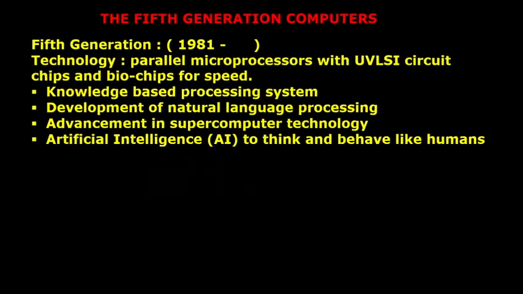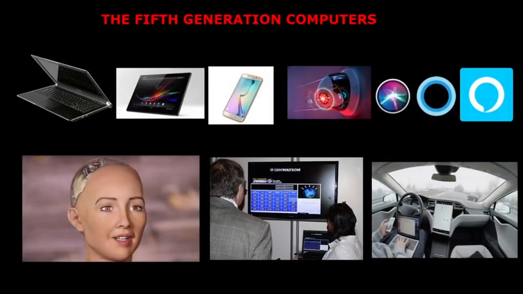Some of the devices of the fifth generation are laptops, tablets, smartphones, surveillance cameras, social robots like Sophia, and embedded computers, as in self-driving cars like Tesla.